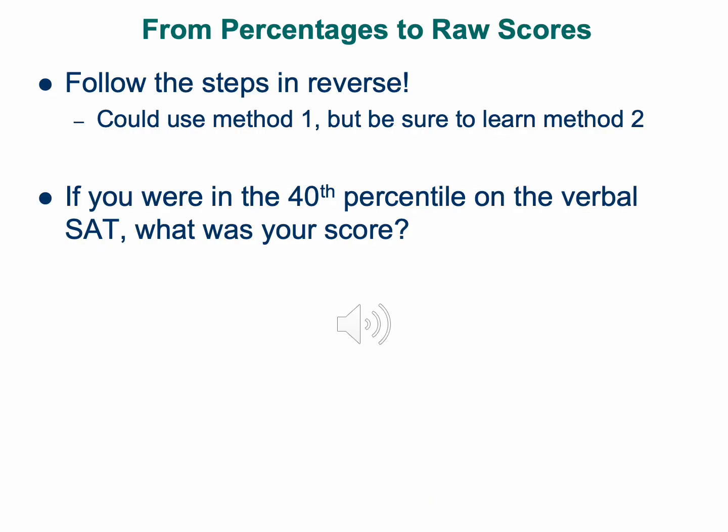With the normal curve and percentiles, you can always go backwards from the percentiles to the actual scores. So if somebody says, I scored in the 40th percentile on the verbal SAT, what would be your score? Well, the tables aren't exactly designed to calculate backwards, but you could use them for that.